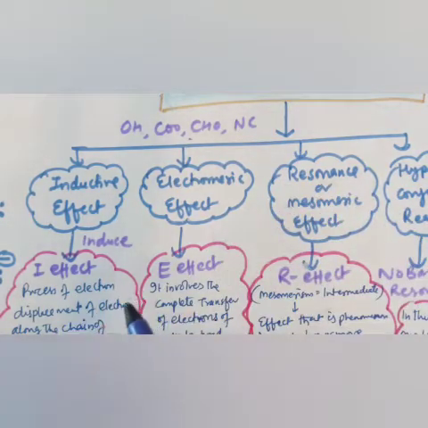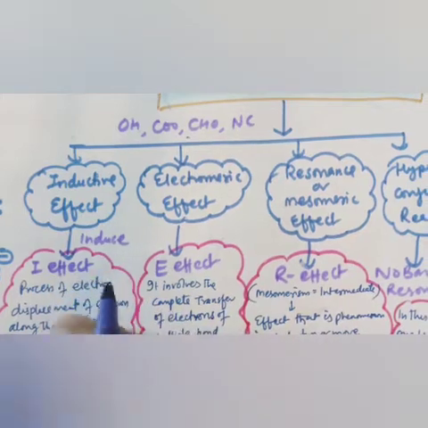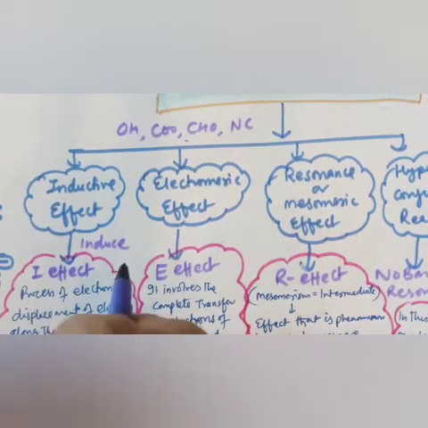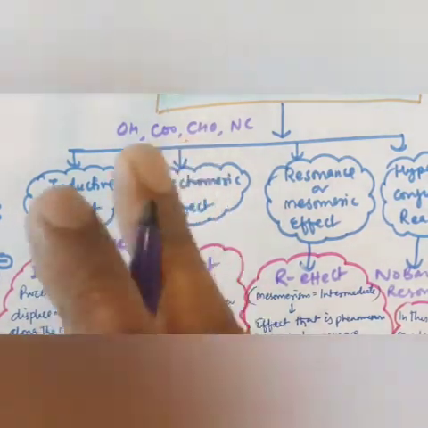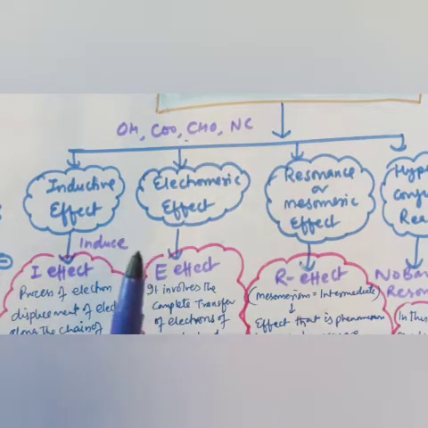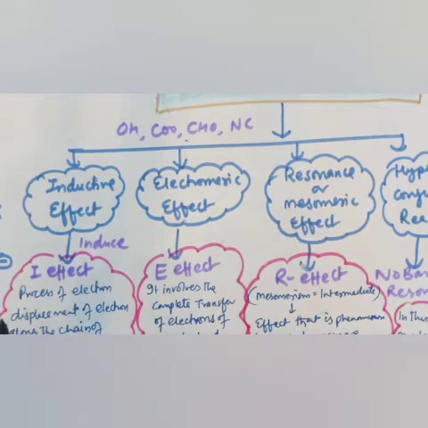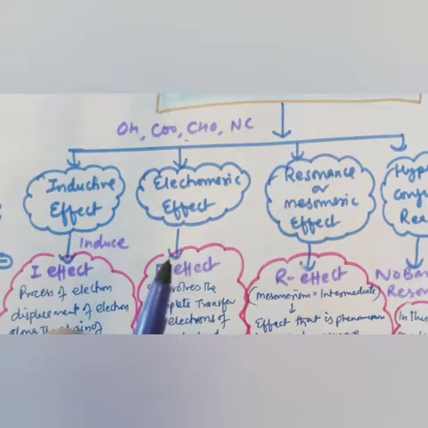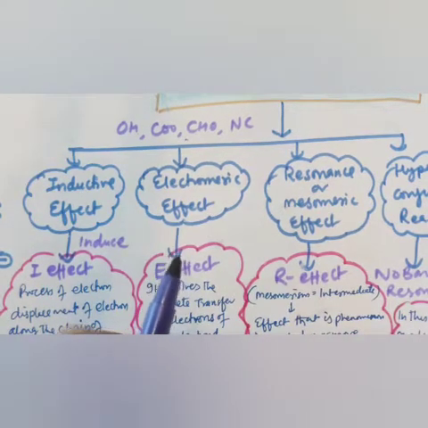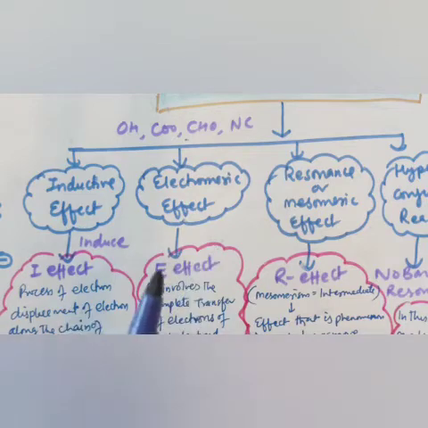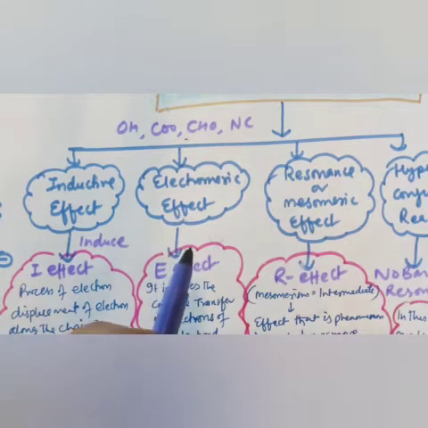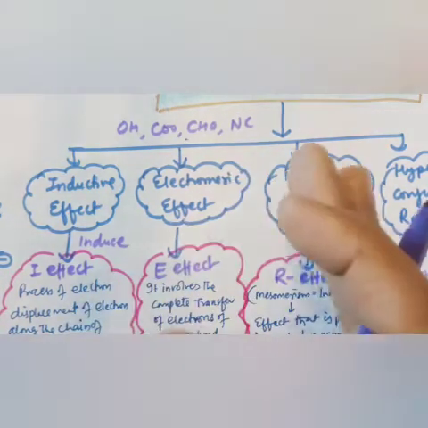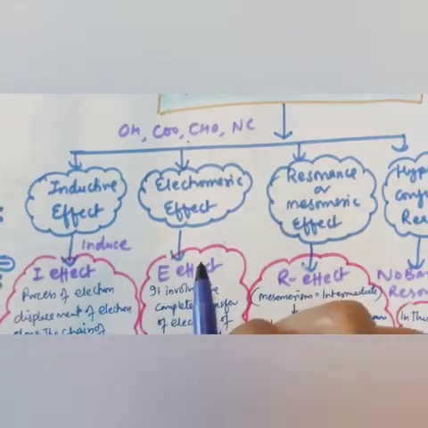I mean to say that the inductive effect arises in those hydrocarbons where two dissimilar atoms are there, sharing an unequal electron pair. Then the more electronegative atom will attract the electrons toward it, X. As a result, X will acquire a partial negative charge and carbon will acquire a partial positive charge.